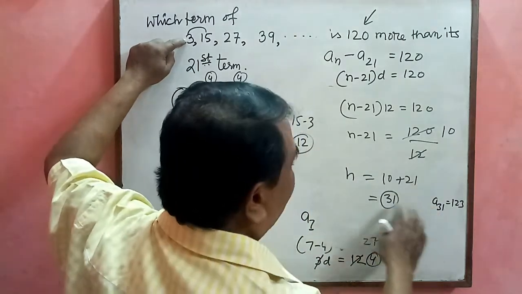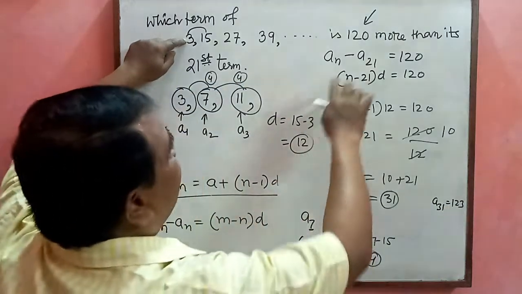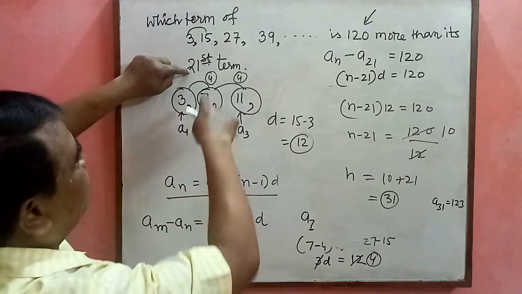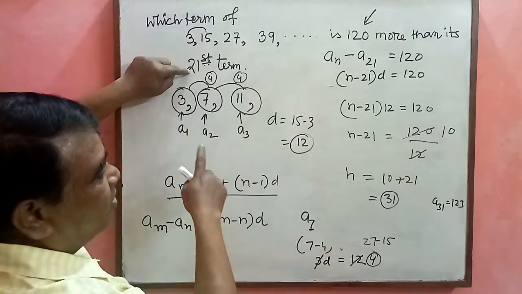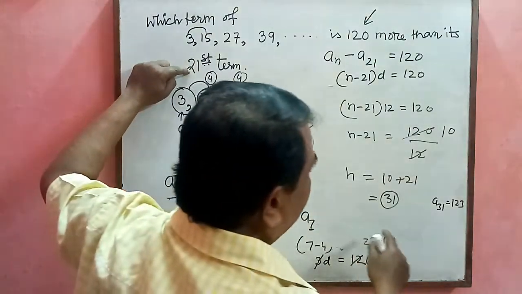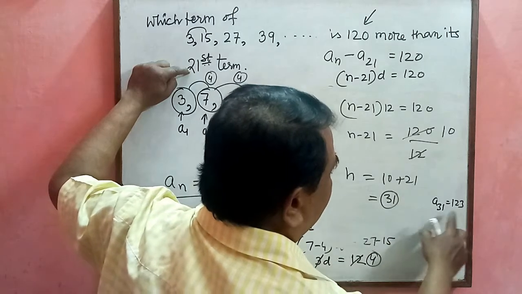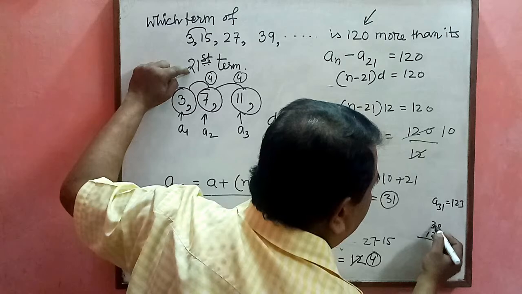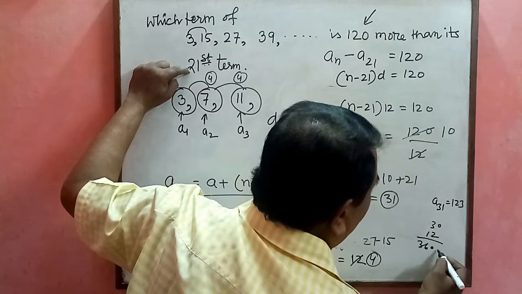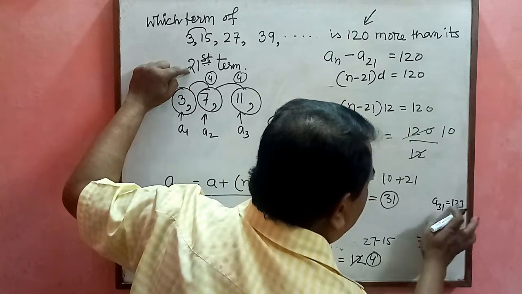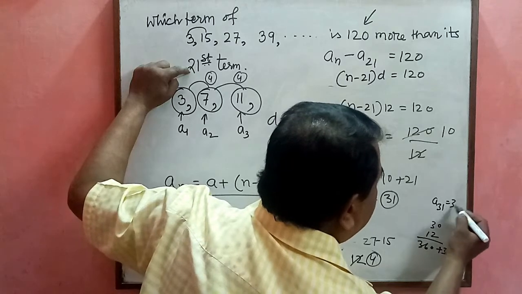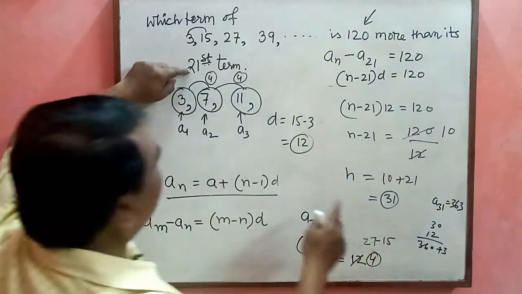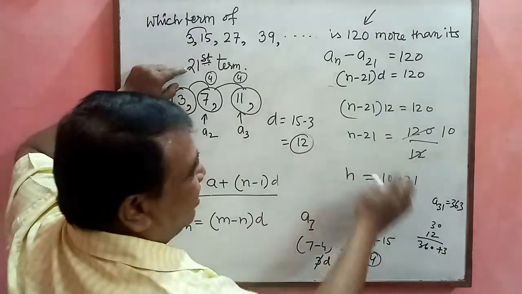So 30 into 12, plus 3, is 360 plus 3, this is your 363. The 31st term is 363.